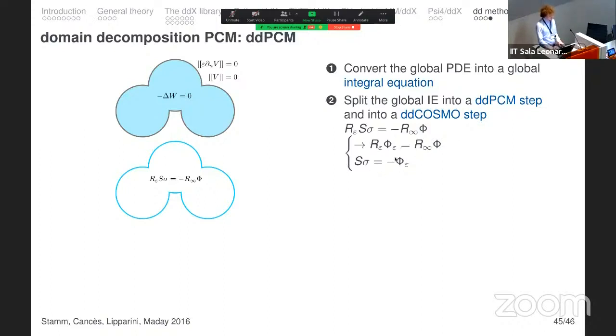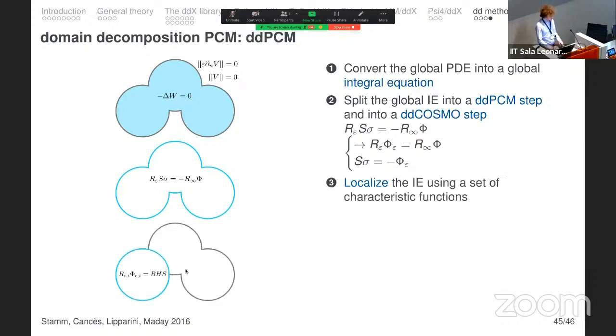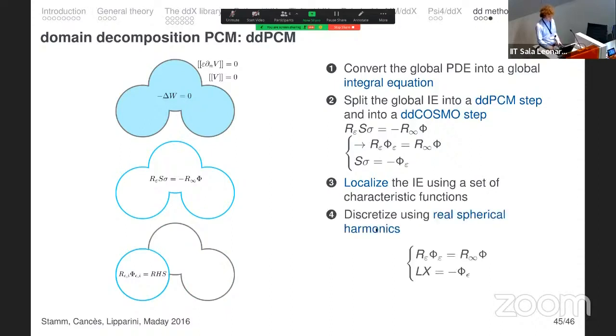So for this, we can use the decosmo, and this requires something new. And since this is an integral equation, we decide to use this localization of integral operators. And again, we get a system of coupled integral equations, and then we discretize using spherical harmonics. And so we get two linear systems in the end. I didn't report the DLPB, it's a little bit more technical, but if you want, just ask me questions about it.